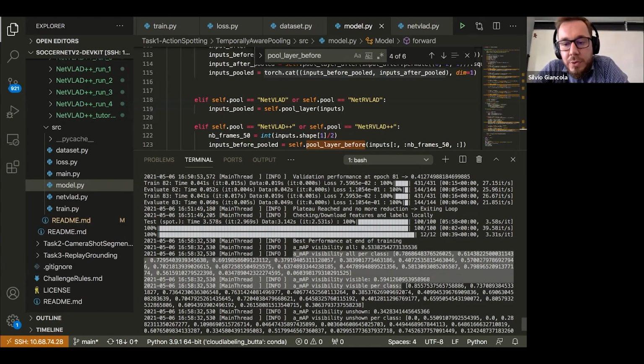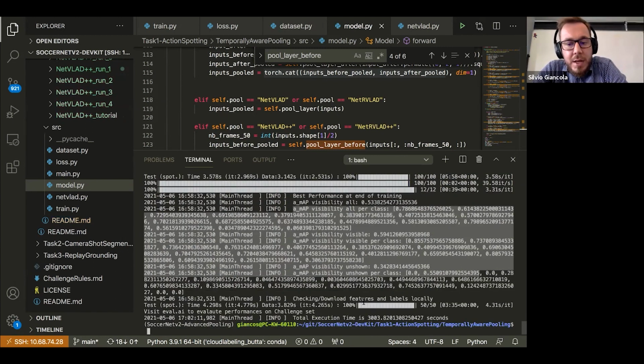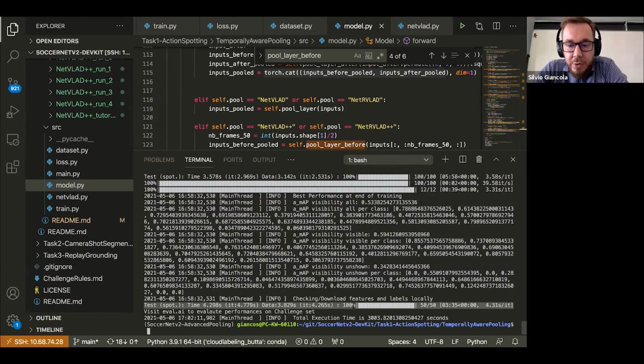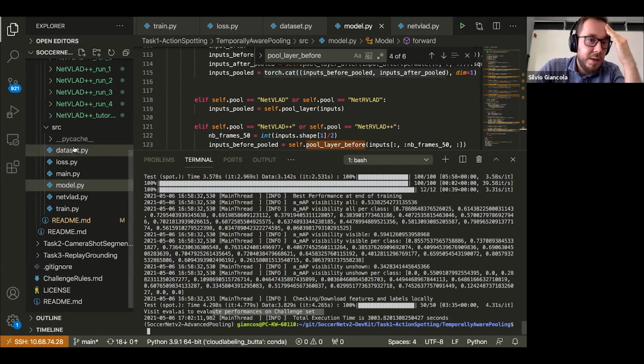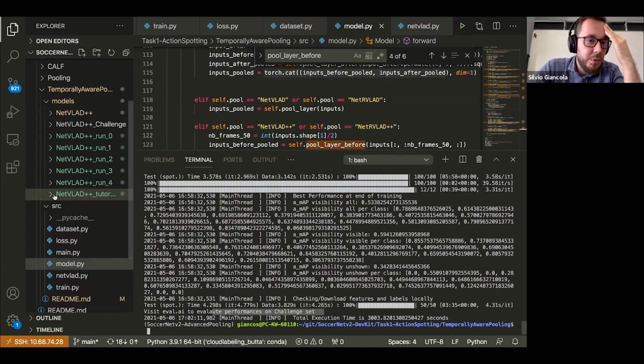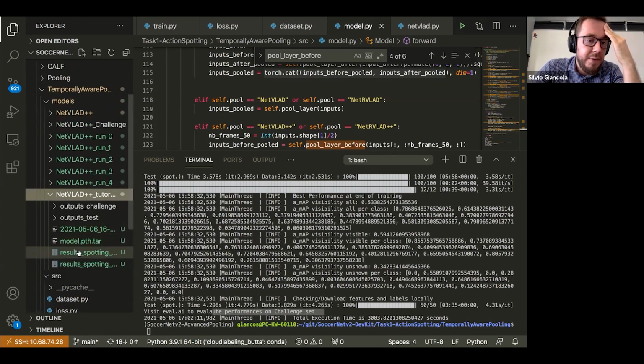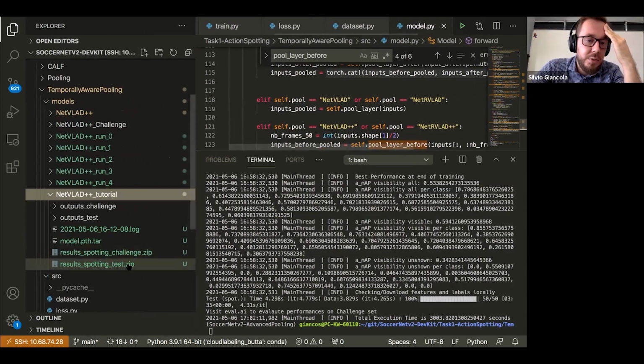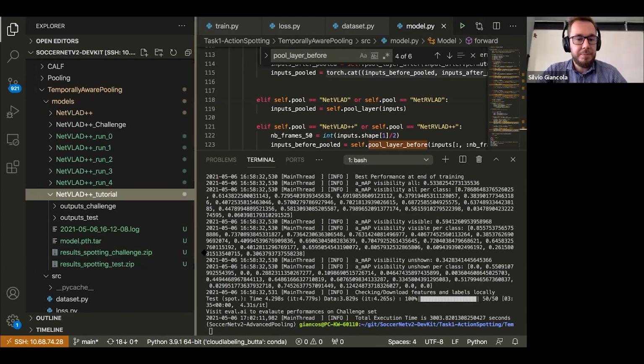You have the results per class and per visible and non-visible, and it also extracts the performance automatically. It inferred the results for the challenge set, and directly in the code you might want to look at that. This is the output. I have a zip file that includes the result for the test set and the result for the challenge. So you can directly take that zip and submit it to EvalAI, and you will get your result there.